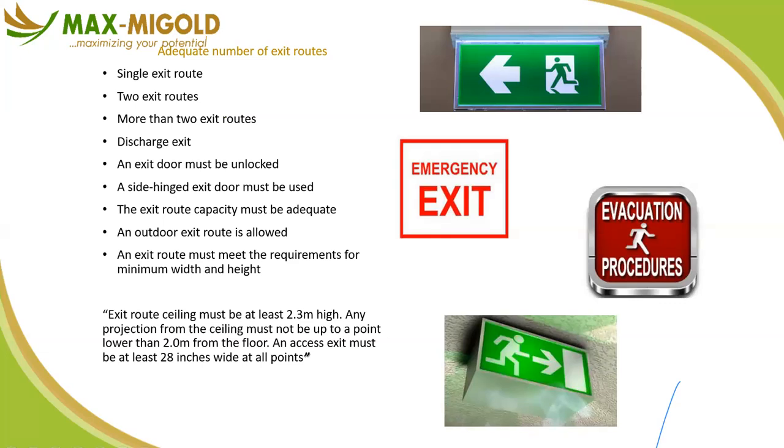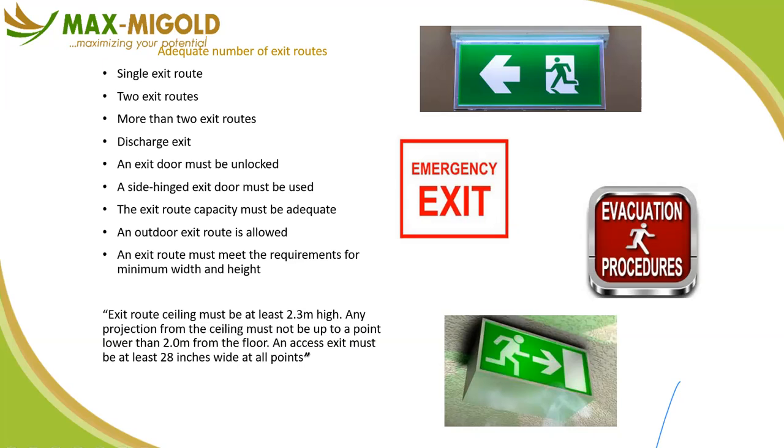The minimum width, height, and everything are left to the architects to design. Of course, they've got their building code. They just ensure that the right standards are used in designing the emergency exit from the building.